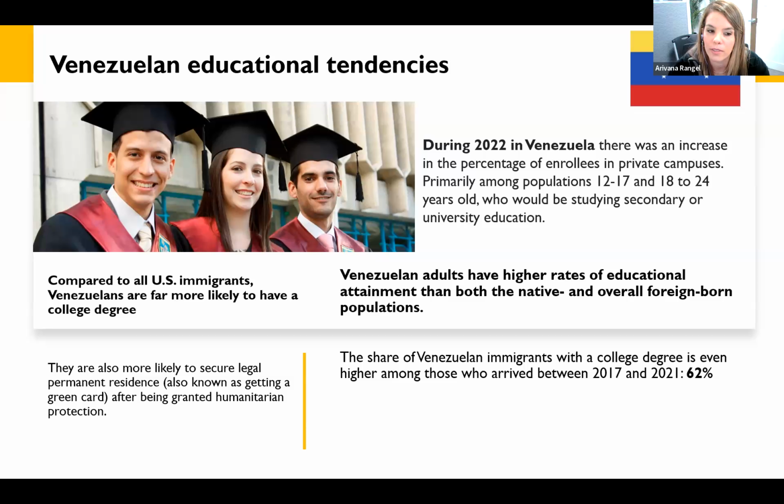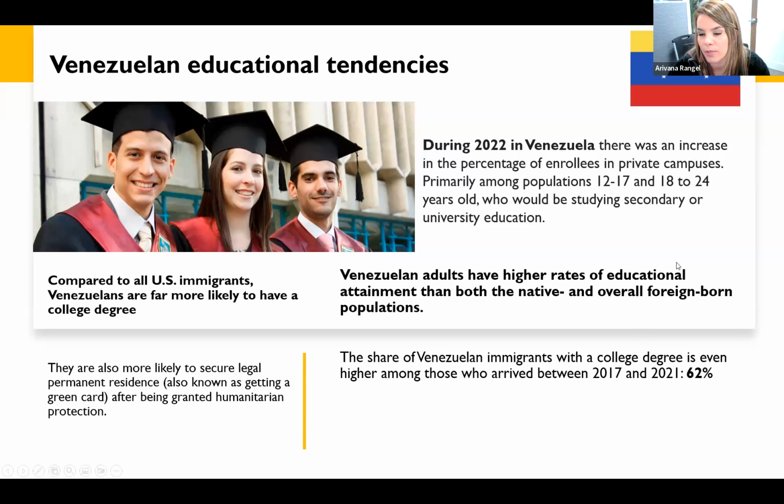Compared to all US immigrants, Venezuelans are far more likely to have a college degree. Venezuelans have higher rates of educational attainment than both the native and overall foreign populations. And during 2022, among the young people that stayed in the country, there was an increase in the percentage of enrollees in private campuses of different private universities.